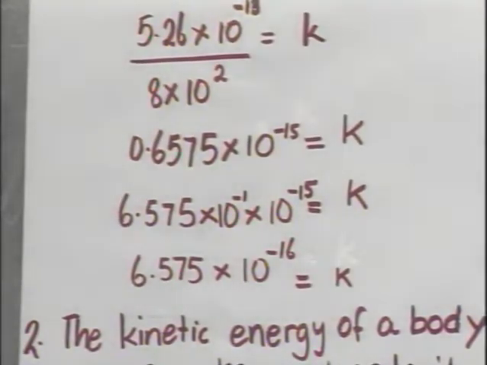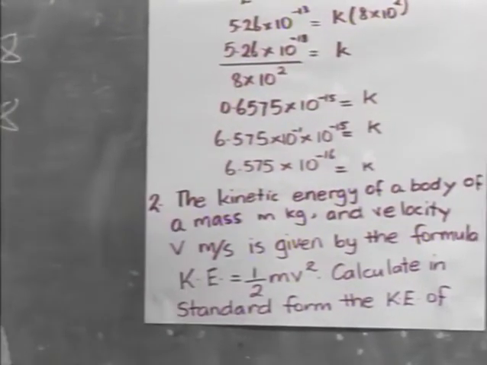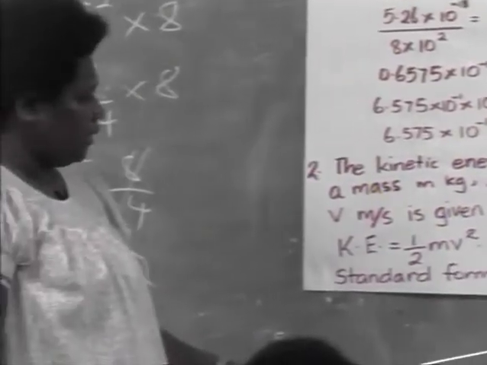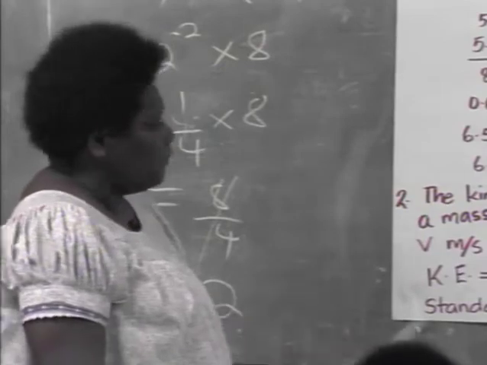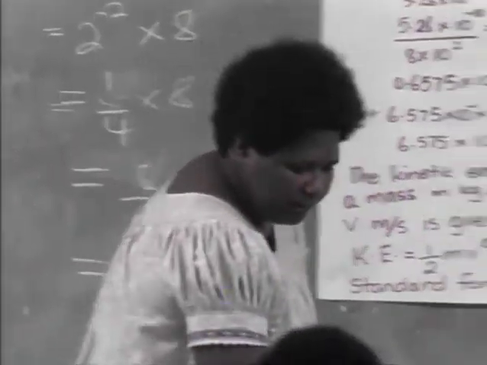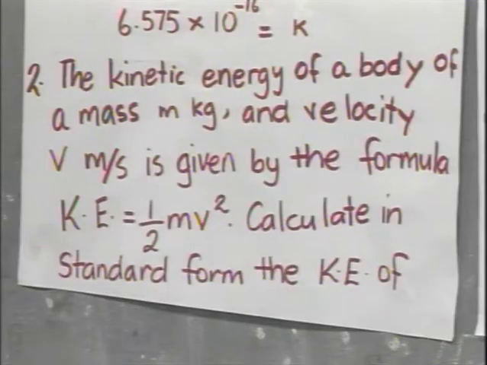Okay, instead of me giving you the answer to this question, I'll give you the values on the board and see if you can work it out. Okay, it says the kinetic energy of a body of a mass, m kilograms, and velocity v meters per second is given by this formula. Calculate in standard form.